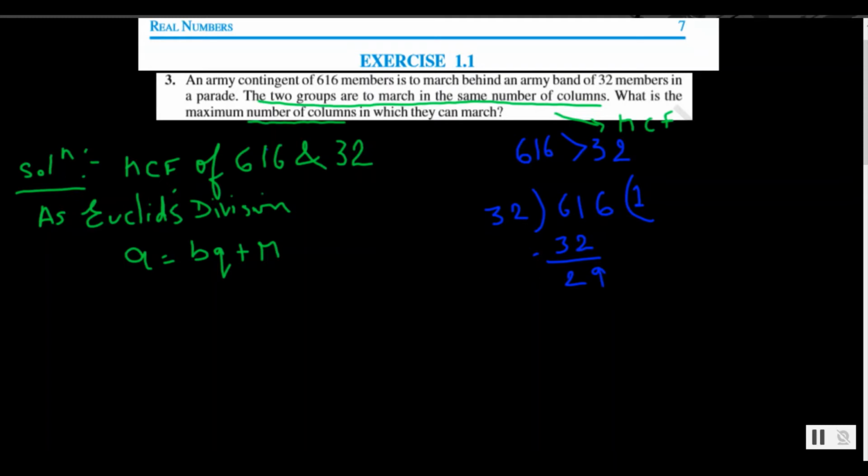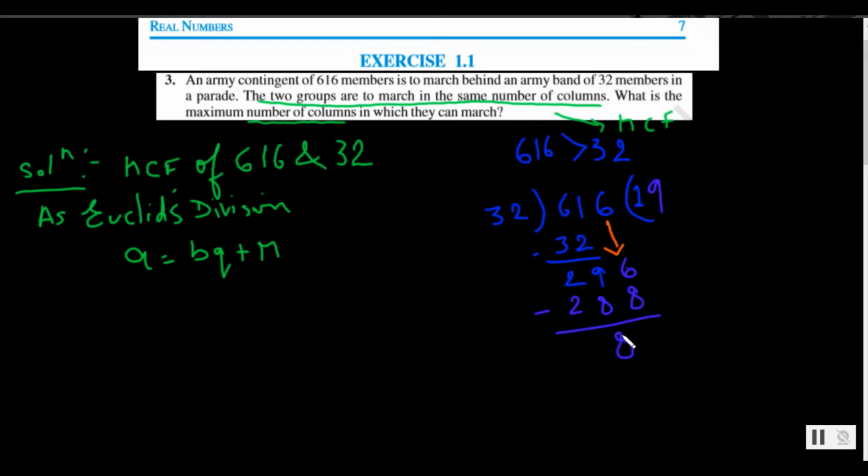Now this 6 will come down here and 9 times of 32 will give us 288. Now if we subtract, we'll get it as 8.